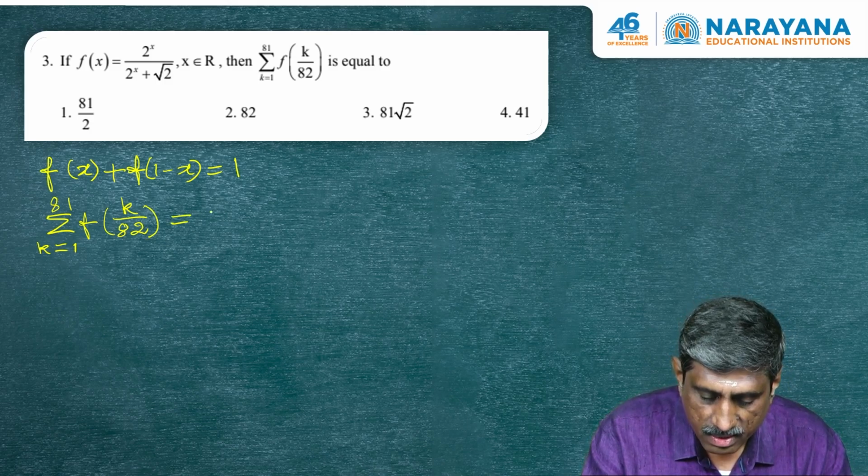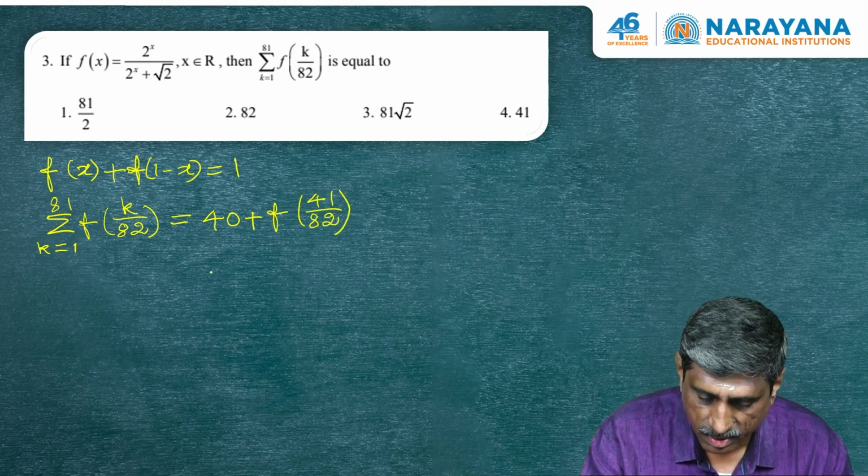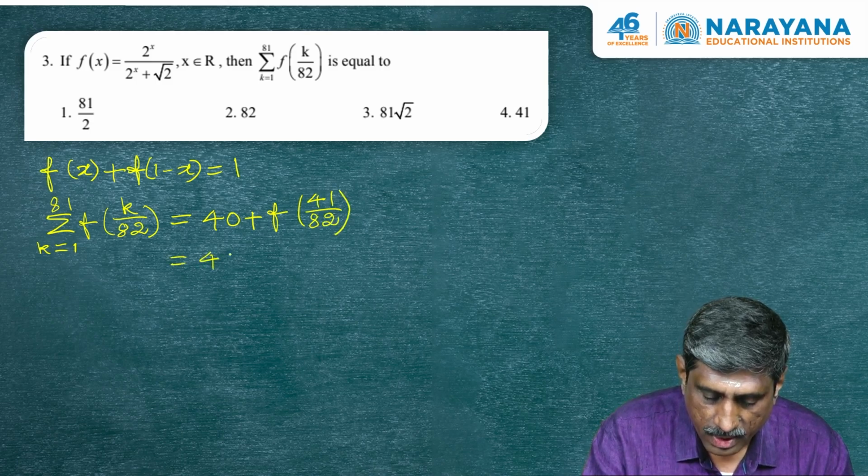So, like that we are going to get 40 plus the middle value, that is f of 41 by 82 will be left over as a single term, which is 40 plus f of 1 by 2.